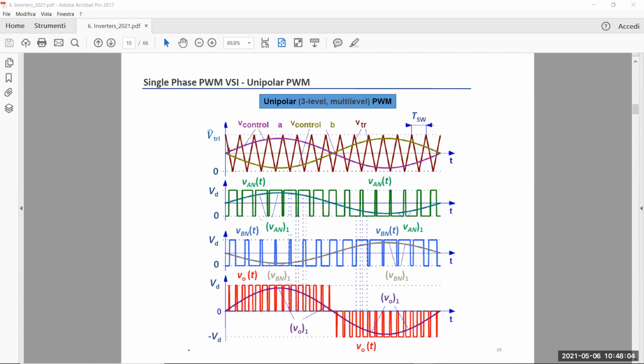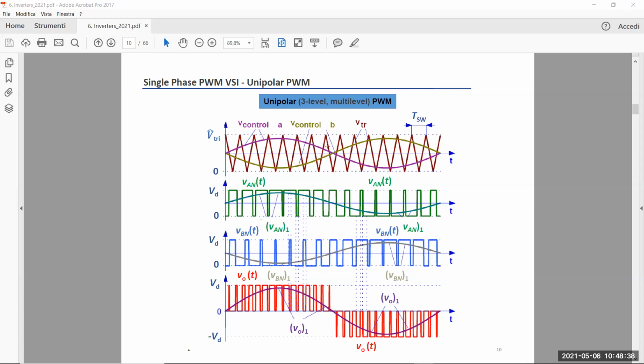As you can see, depending on the amplitude of the control voltage, the width of my unitary switching function pulses is different. So the width is sine wave modulated, because the control voltage has a sine wave behavior. We have a very large duty cycle when the control voltage is higher, and a very small duty cycle when the control voltage is less than half the triangular peak value.